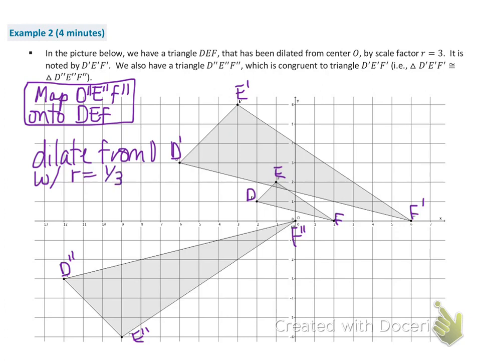And so let's do that. If we dilate this triangle with scale factor r equal 1/3, I'll show you a picture of what that looks like. Since you're not drawing this one, I'm just going to do this for you.